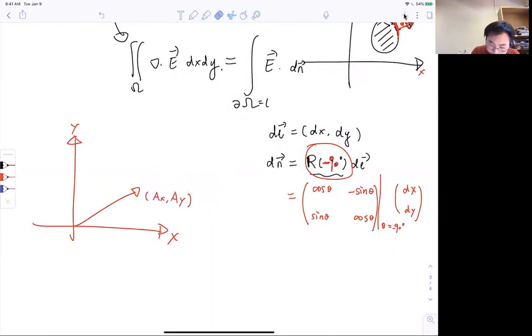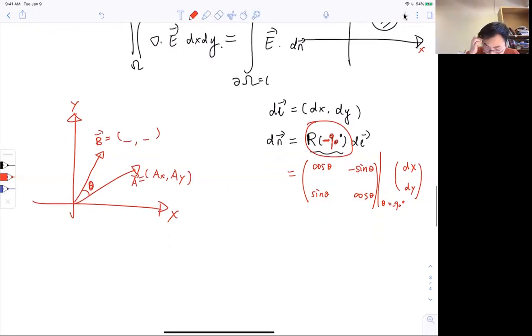Now I ask you, what if I rotate this vector by angle theta? I call this vector A, the vector after rotating by theta angle. What's the component look like? This is a general question.